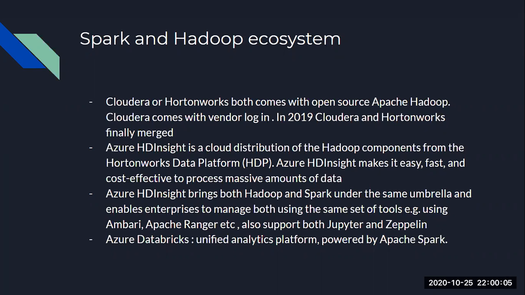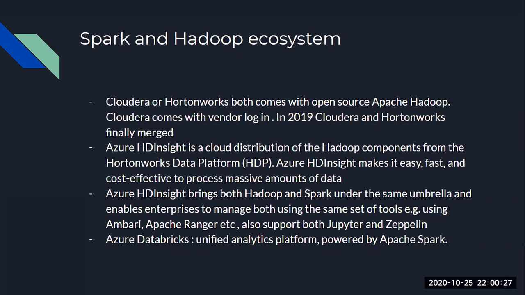So we know Spark and Spark technologies. Because we have open source, we also have companies that deliver solutions to enterprises and also deliver open source solutions on those technologies.